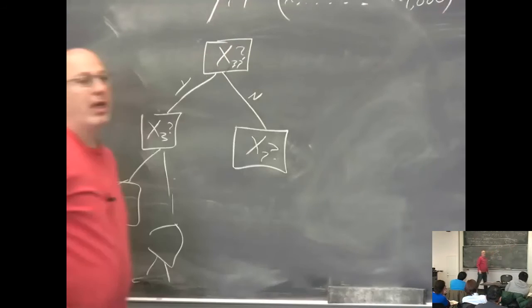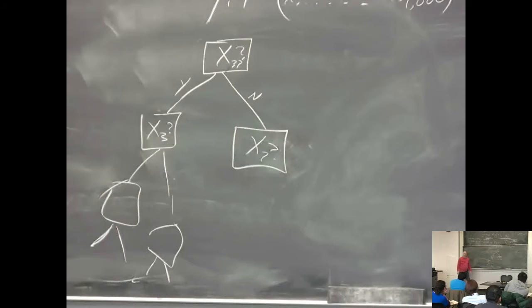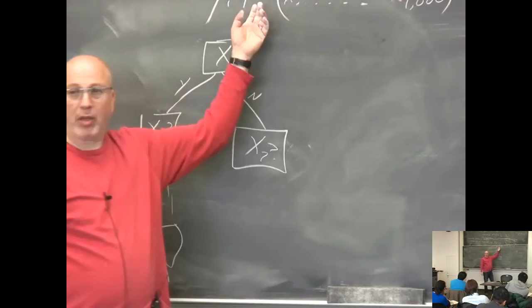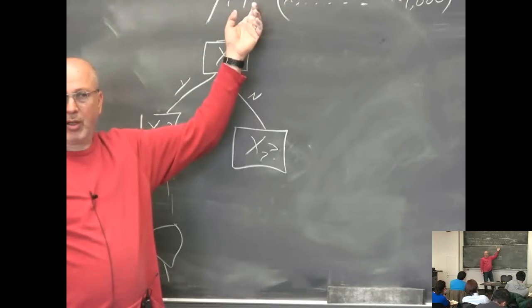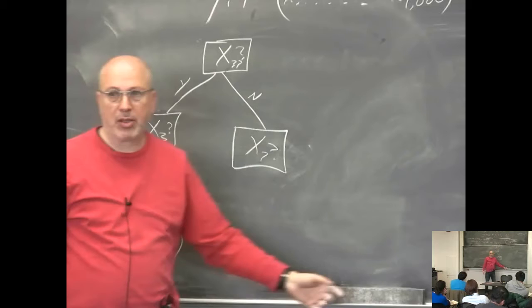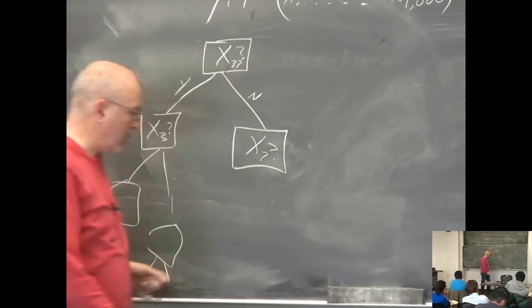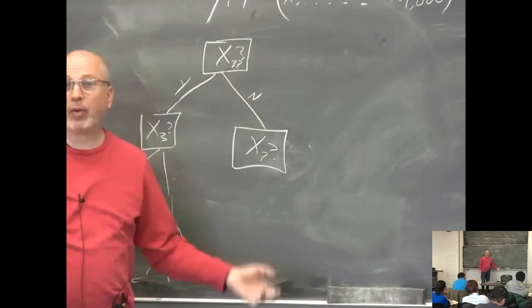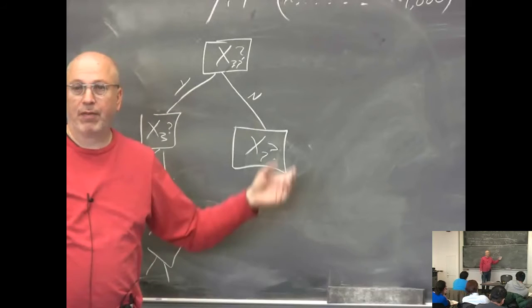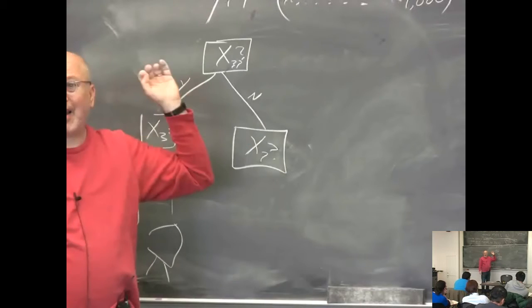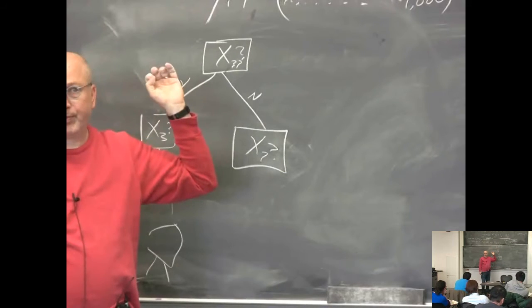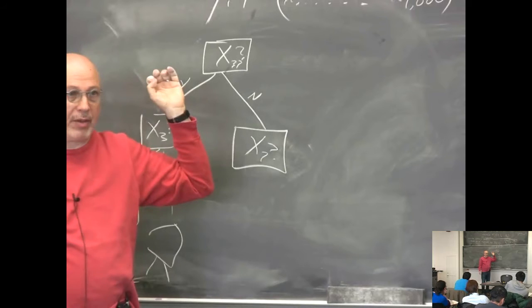Now, what would the answer be? If it's a number, that's called regression, right? Mapping from some space of x's to a continuous number is called a regression. So if the output is a single number in each one of these leaves, that's a regression tree. If the output is a class or a category, that's called a classification tree.